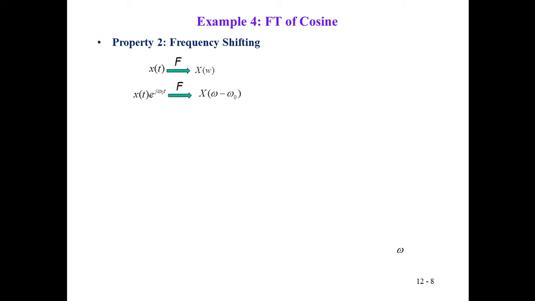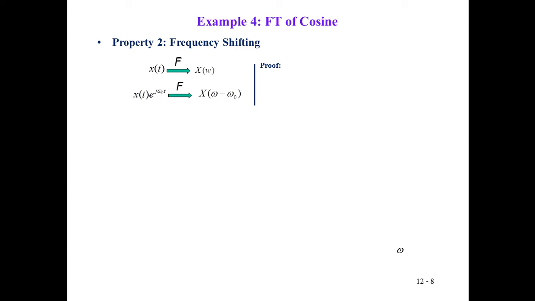In other words, multiplying x by e to the power j omega 0 t in the time domain corresponds to frequency shifting of the Fourier transform of the original X of omega by the amount of omega 0.